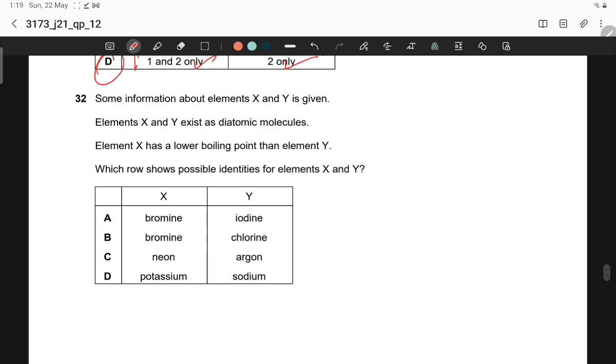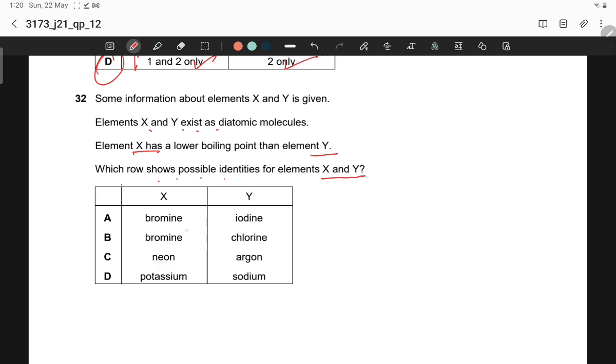Some information about elements X and Y is given. Elements X and Y exist as diatomic molecule. Element X has lower boiling point than Y. Which row shows possible identities for element X and Y? X and Y exist as diatomic.